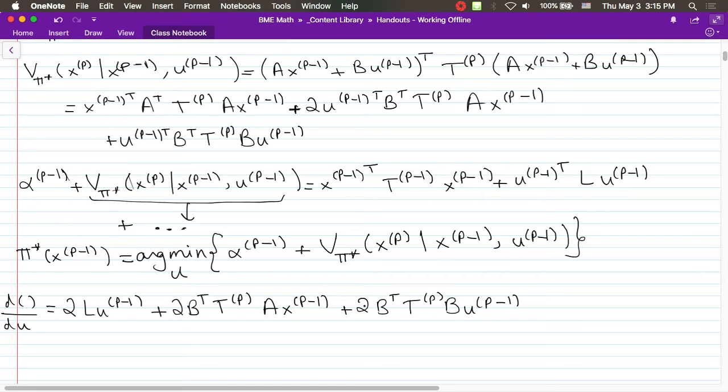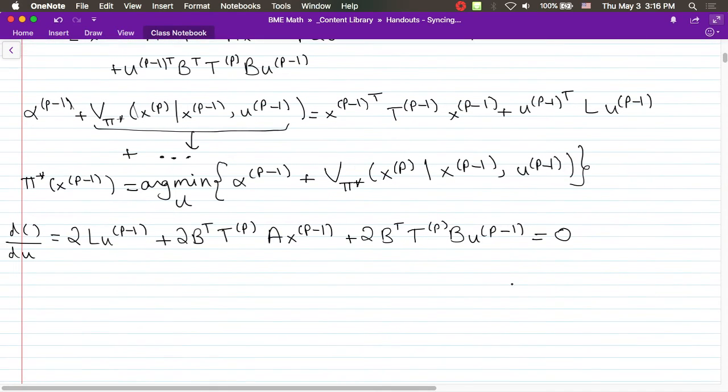And those are the only ones where we have u's. So those are the derivatives that we care about. We set that equal to 0.